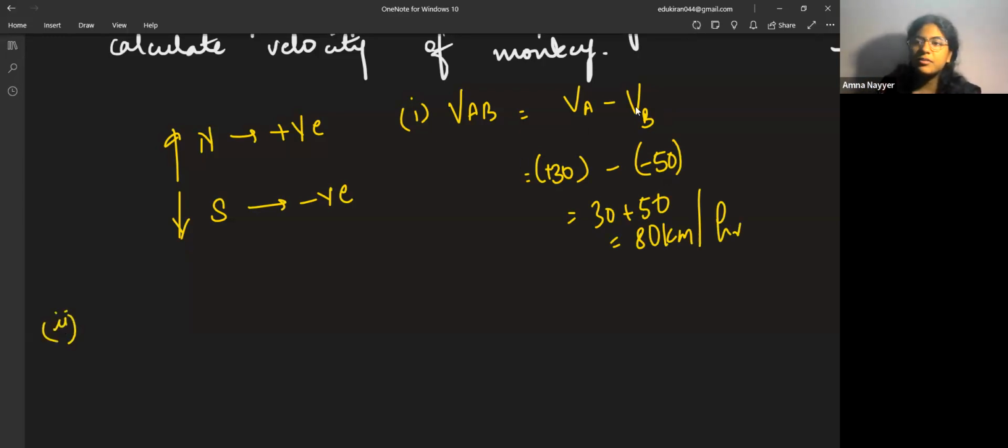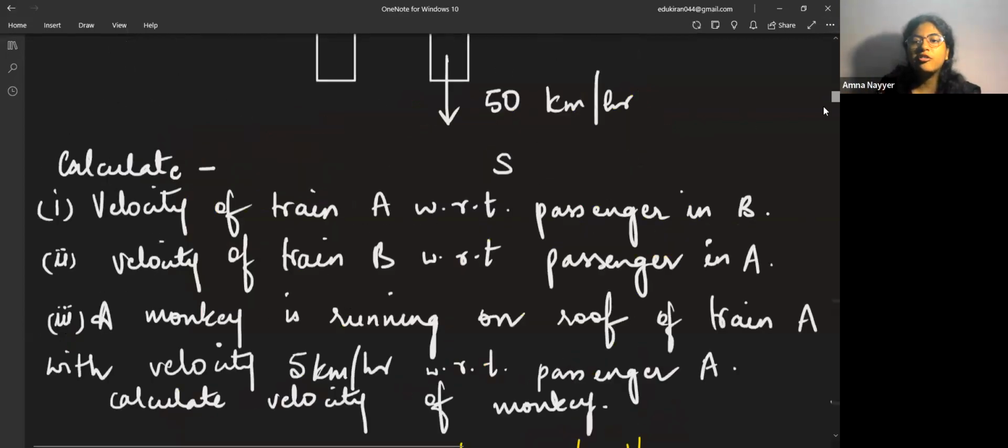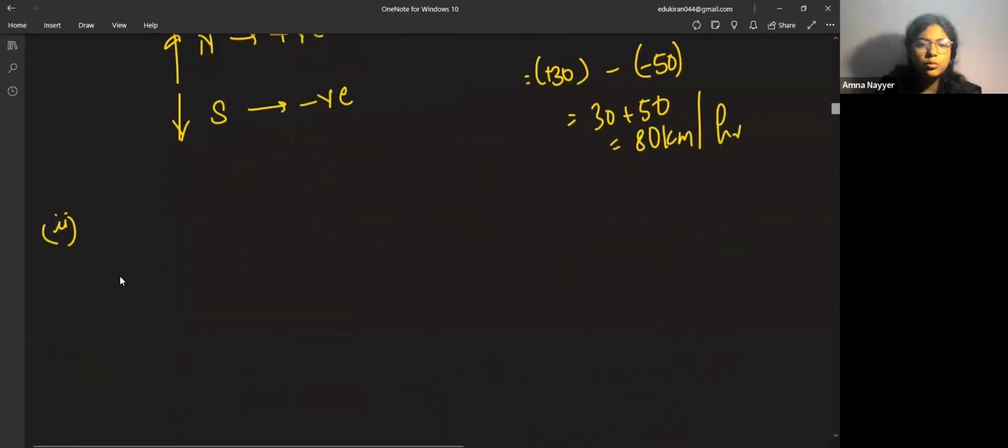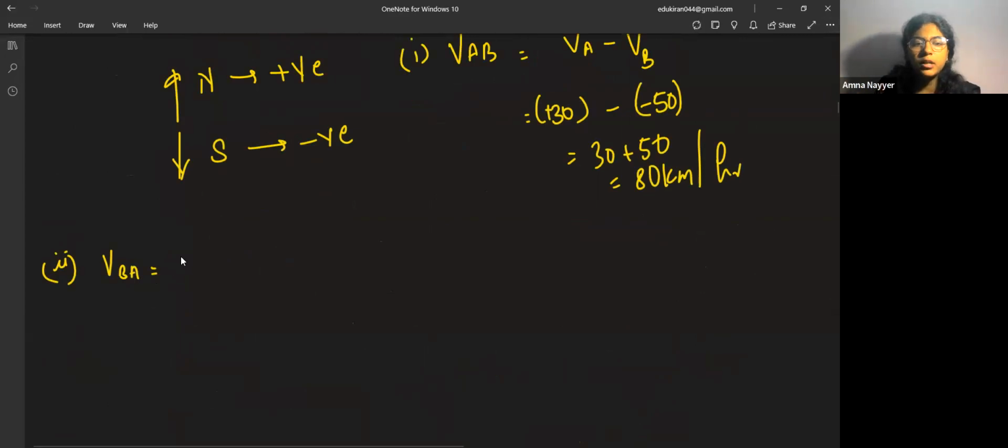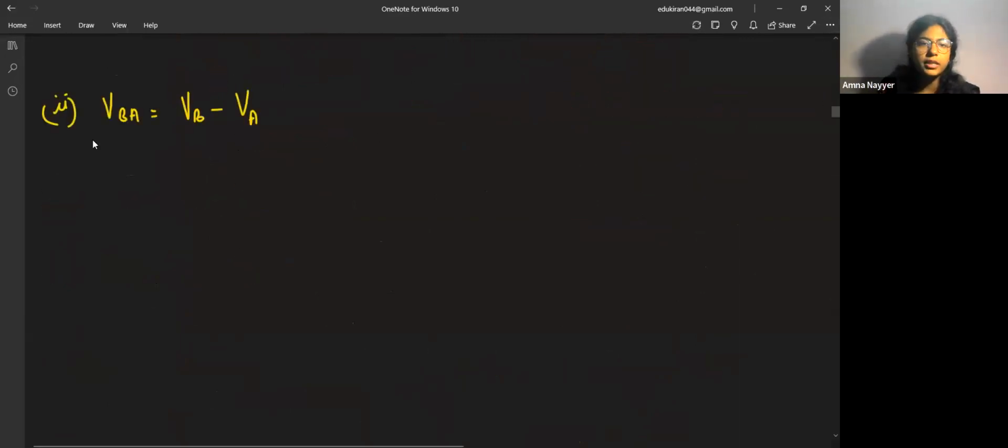Second part is saying velocity of B with respect to A. So velocity of B with respect to A will be VB minus VA. So VBA will be velocity of B, means the train which is coming.